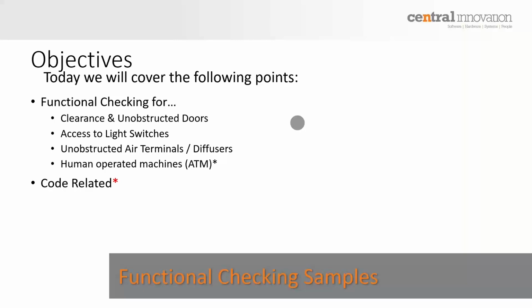Now, not related to this particular webinar, but we'll do it on the next one. On the next webinar, we're going to run through the type of checkings for model quality that are code related.